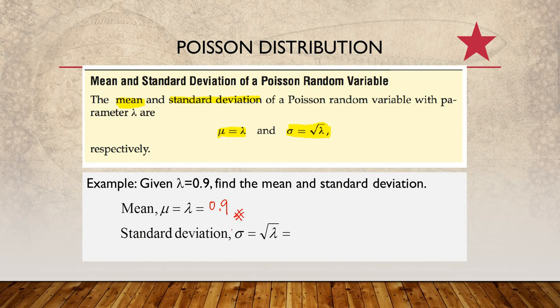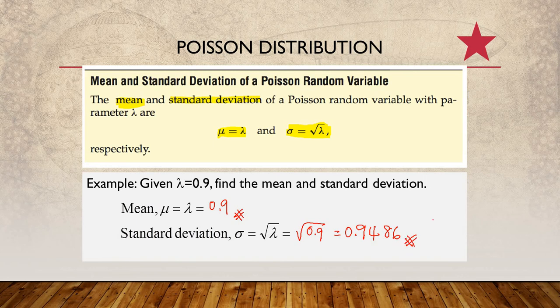For the standard deviation, it is the square root of lambda, so we take the square root of 0.9, which is 0.9486.